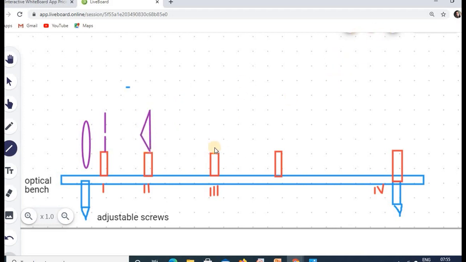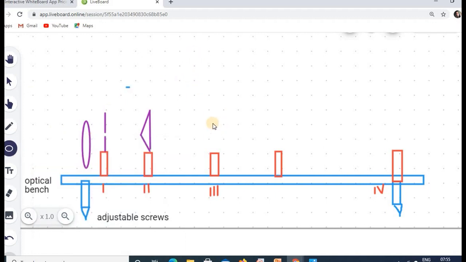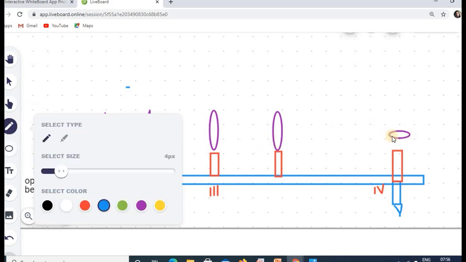Okay, and here I'll draw the lens, and here I'm having the eyepiece, the micrometer eyepiece.